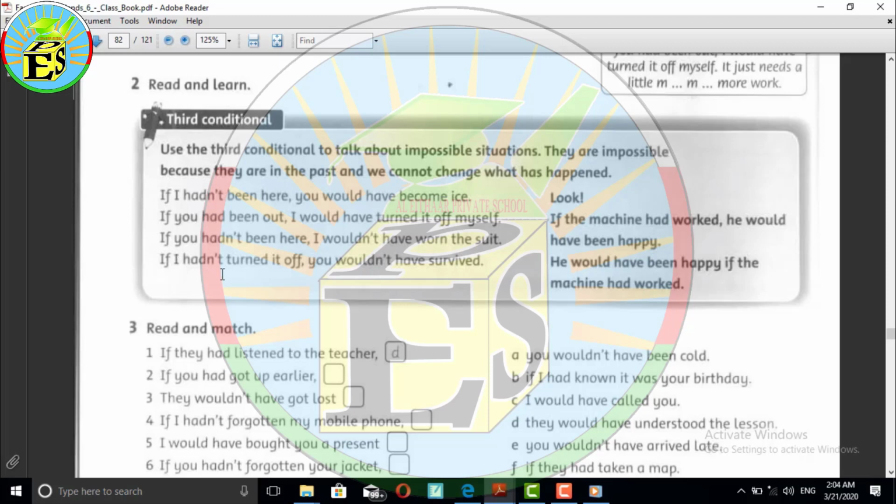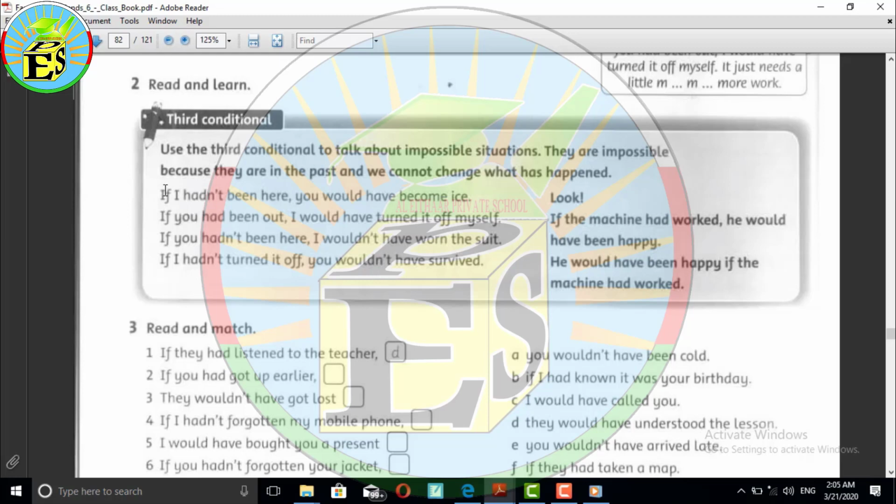If I hadn't turned it off, you wouldn't have survived. Look, this is an observation, notes. If the machine had worked, he would have been happy. He would have been happy if the machine had worked.